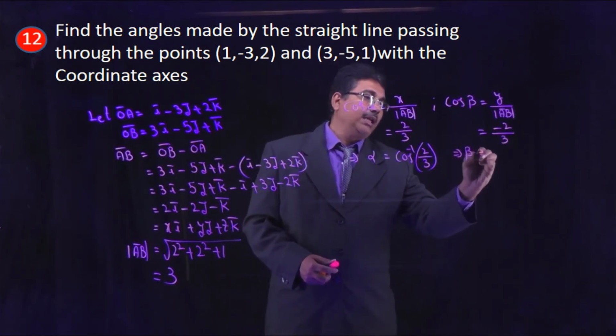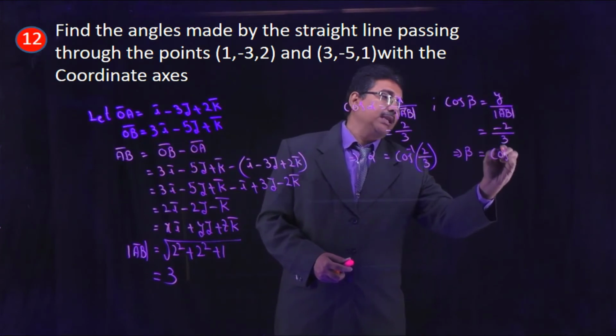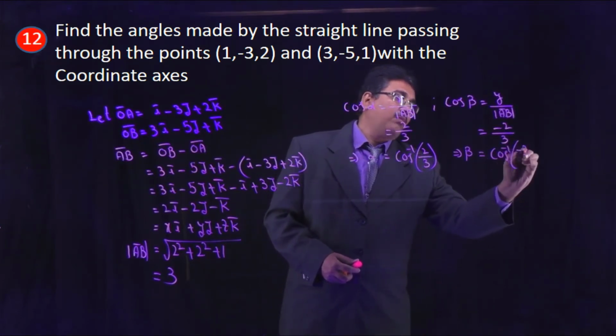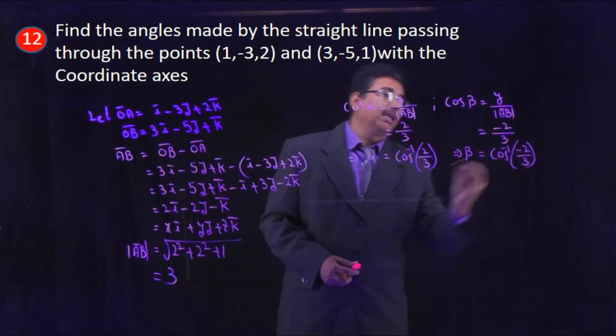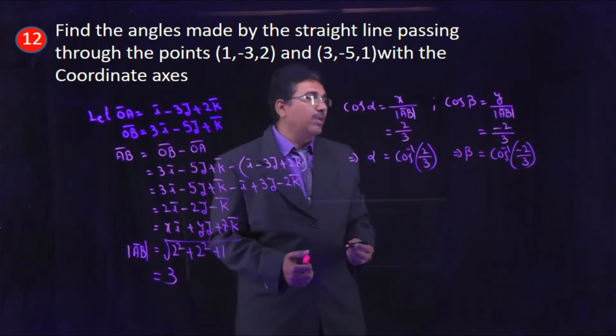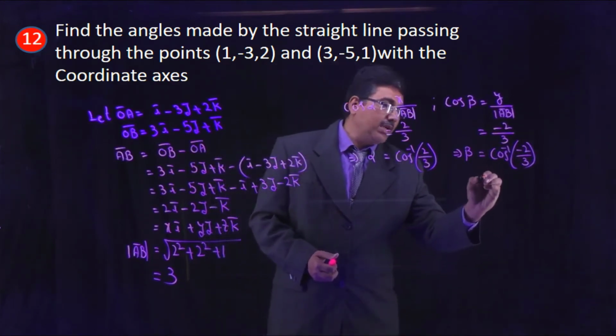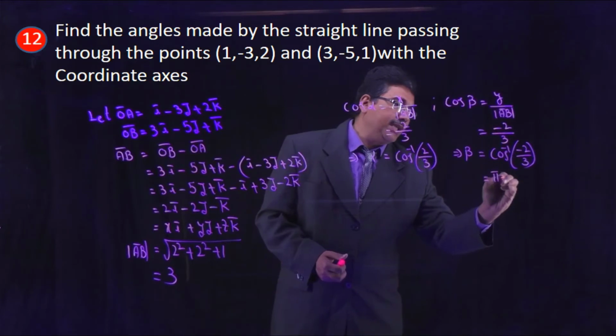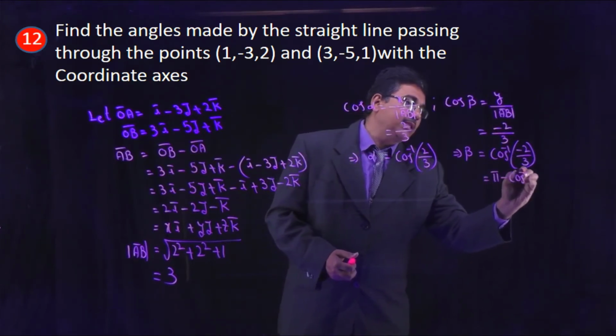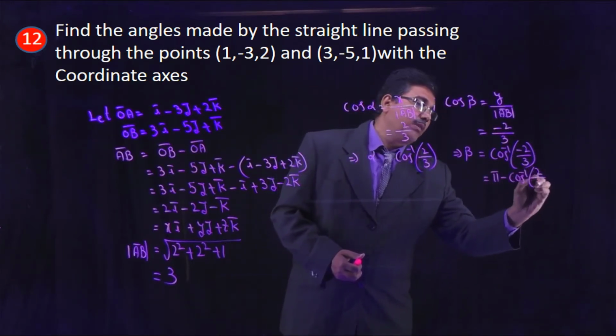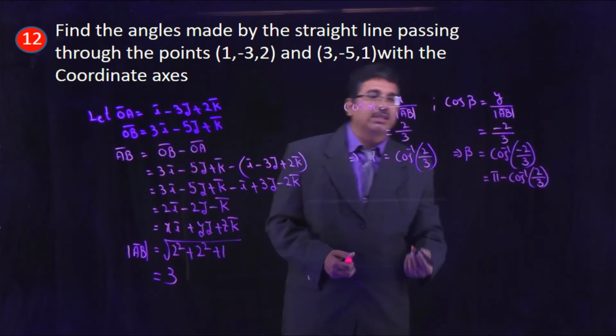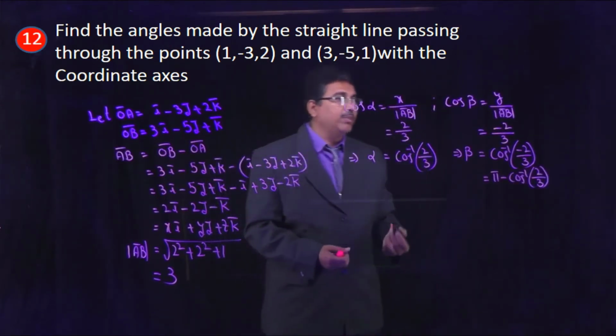Beta is equal to cos inverse of minus 2 by 3. Cos inverse of minus x is equal to pi minus cos inverse x, so that is beta.